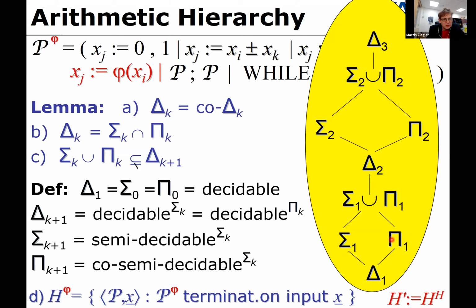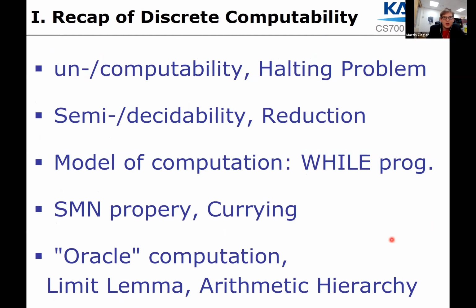Okay, so this concludes our discussion of classical, that is discrete, computability theory. We've talked about uncomputability of the halting problem. We've discussed semi-decidability, the notion, and its property, justified the notion.